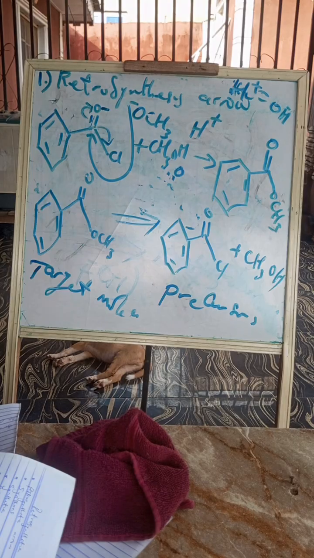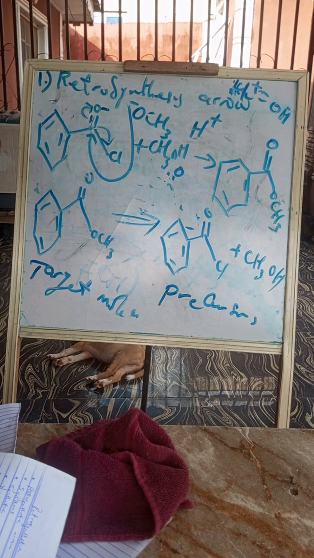Very simple. If you already know the reaction mechanism of a particular reaction, the reverse is just something easy. It's like you embark on a journey, moving from Lokoja to Kano.